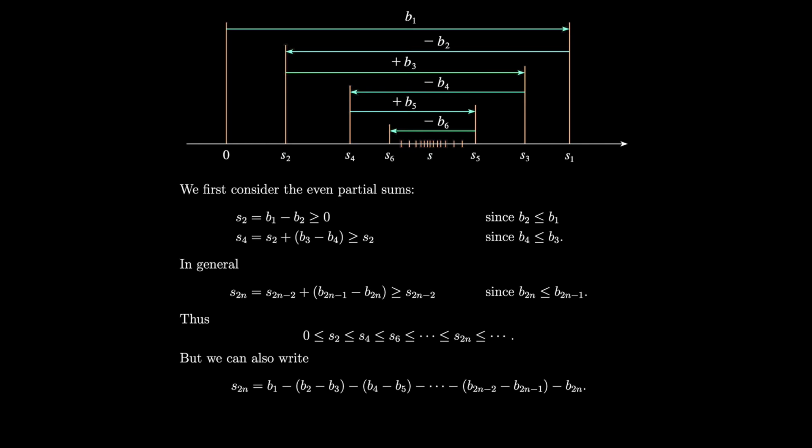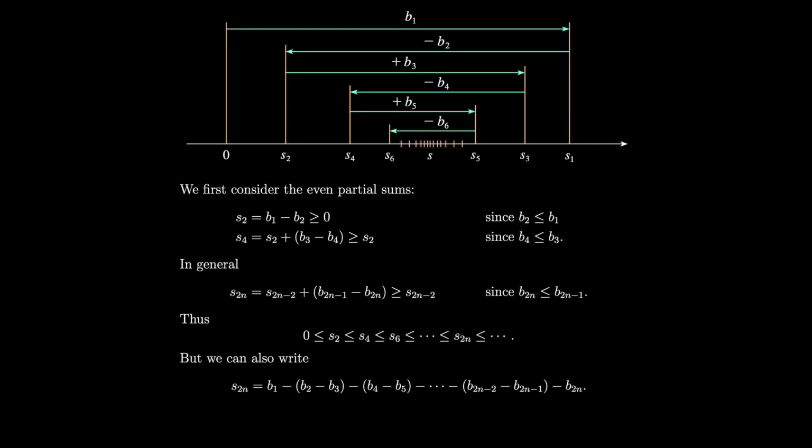However, by definition, we can also write the sum of the first 2n terms as the sum of the terms in the sequence. The first term is B1, then minus B2, then plus B3, but instead of writing plus B3, I factor out the minus so that I can group these differences together. Do the same thing, keep going. We subtract B4 because that's the next term, then plus B5, and so on.